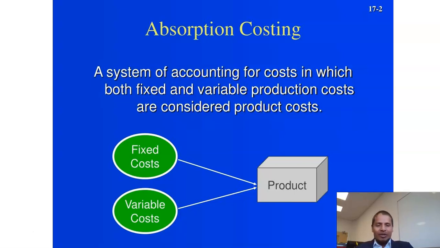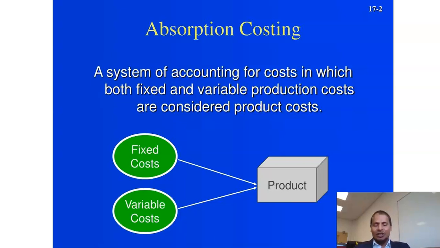So it includes material cost, labor cost, overhead cost, and you may produce hundreds of products, thousands of products, units, but how much is the cost of one product that you produced? You have to calculate that.